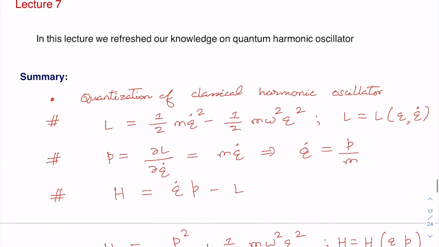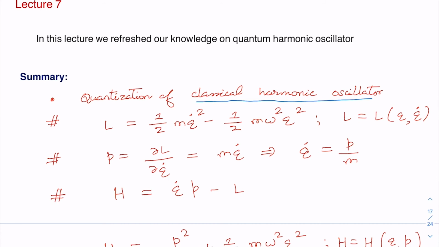Basically we learned the canonical quantization procedure. Though the example was for the classical harmonic oscillator, this is valid for any classical system. The idea is to write down the Lagrangian, here of the classical harmonic oscillator.